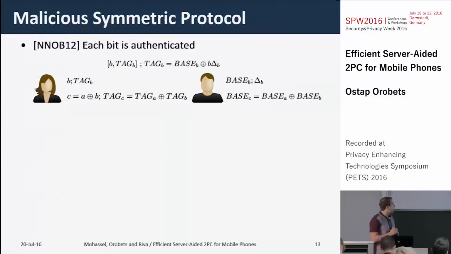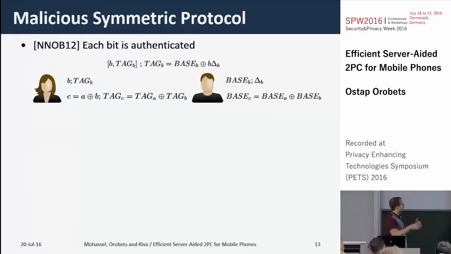Basically, we have a MAC scheme where every bit comes with a tag. It has a MAC. The tag on each bit is produced using some random string, which we call base, some delta key, and the bit itself.